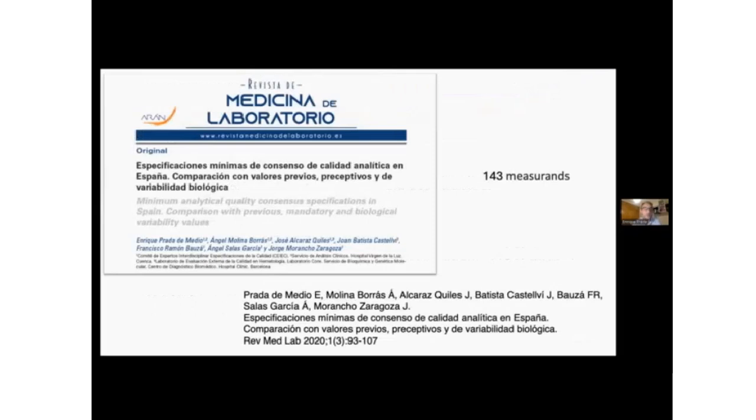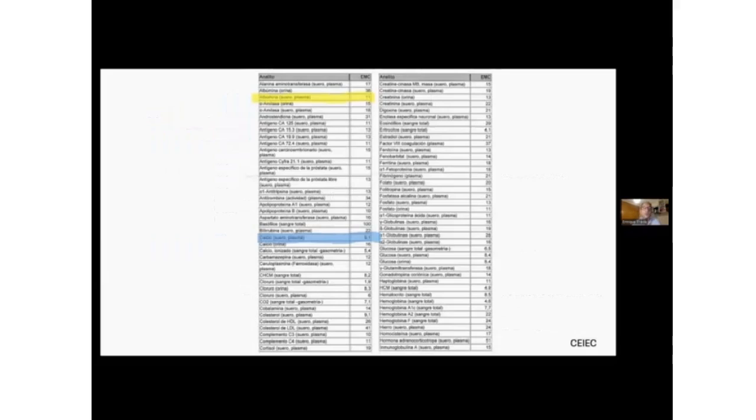Here we have published 143 measurements, where you can see I have highlighted in yellow and blue the examples we have seen. These same examples could be repeated 143 times, which are the 143 measures we have associated.